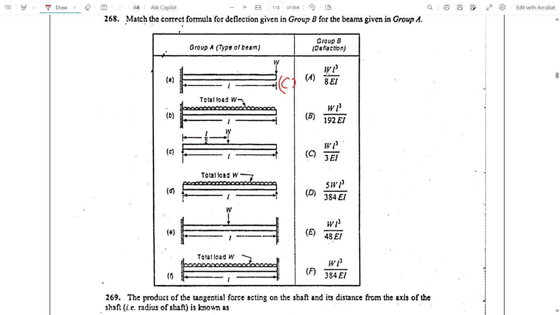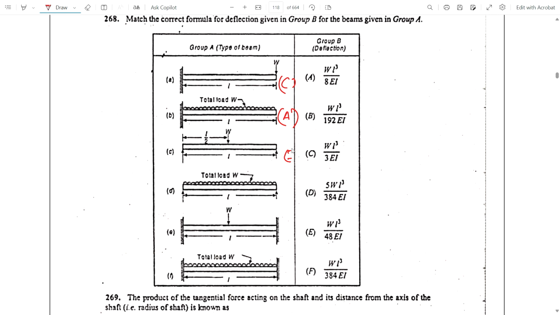If you substitute small wL into L cube, then small wL to the power 4 by 8EI, so option A is the correct answer. And this is for a simply supported beam, WL cube by 48 EI.